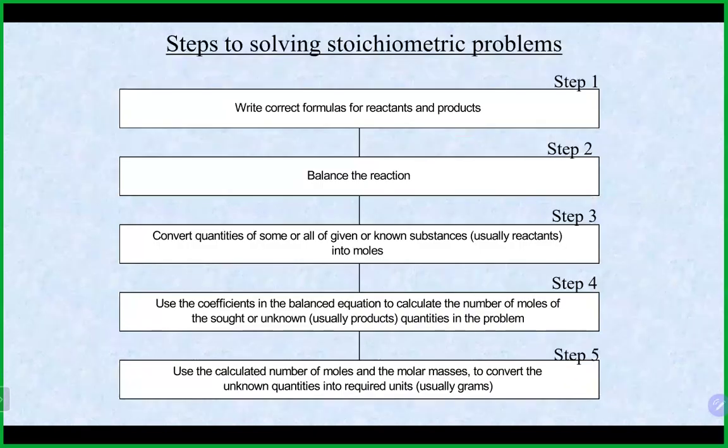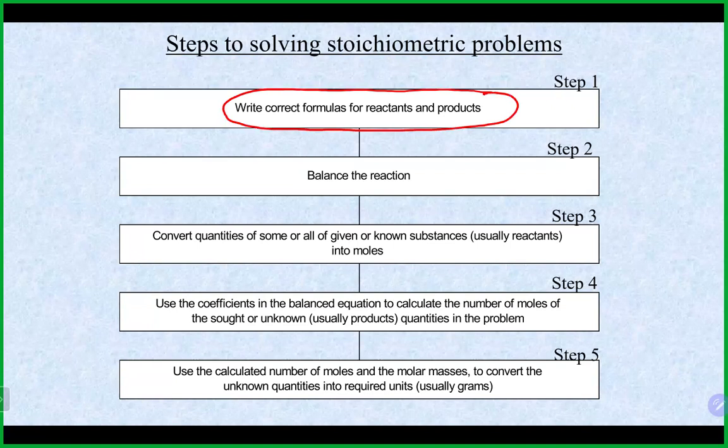These are 5 steps to basic stoichiometry problems. I would say in most cases, step number 1 here, you probably won't come across a lot, but you will come across it occasionally. That is a situation where you need an equation to start a stoichiometry problem. If you are given everything in words, you want to make everything into the proper formulas, and then you should definitely balance the reaction.